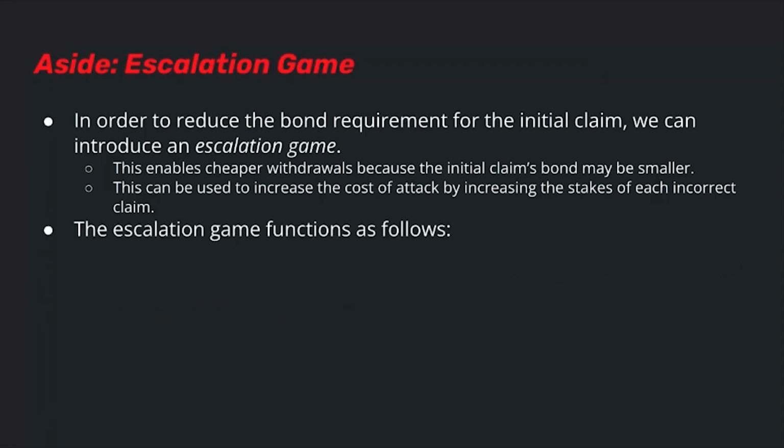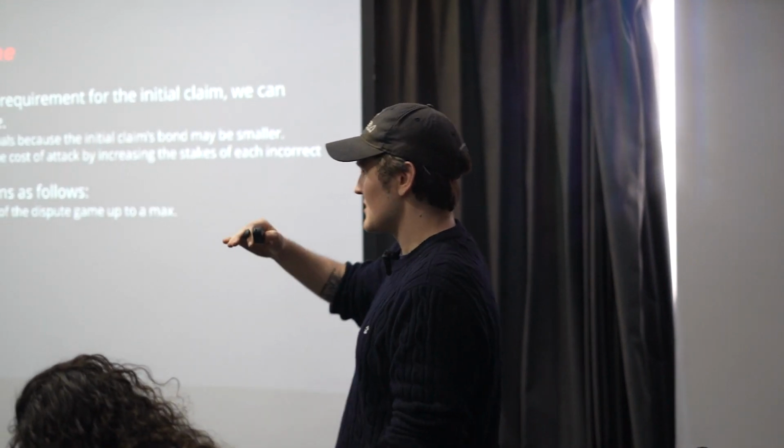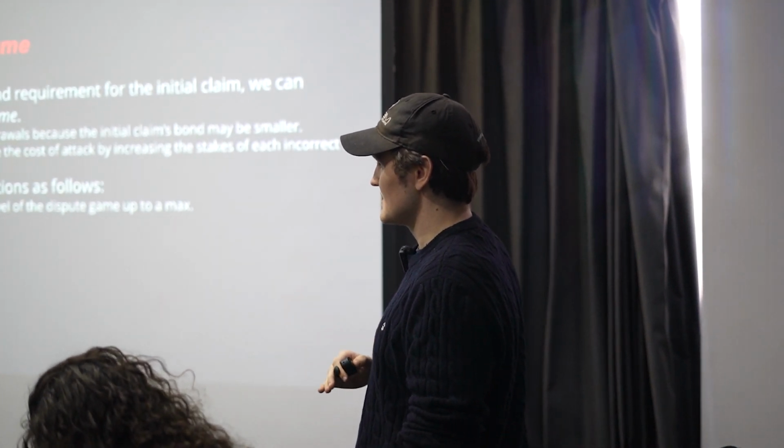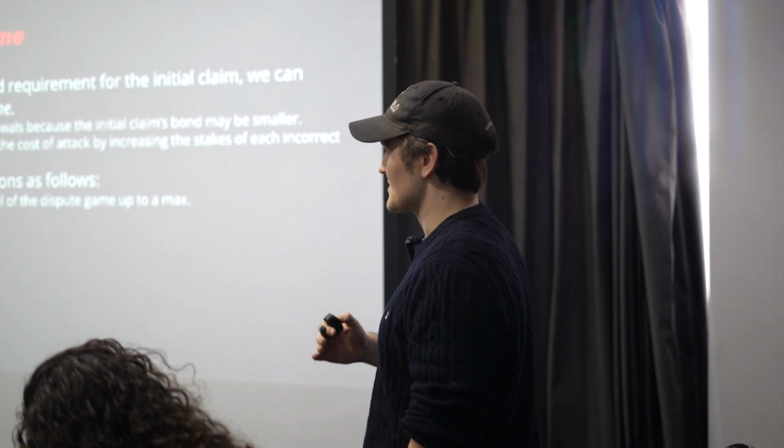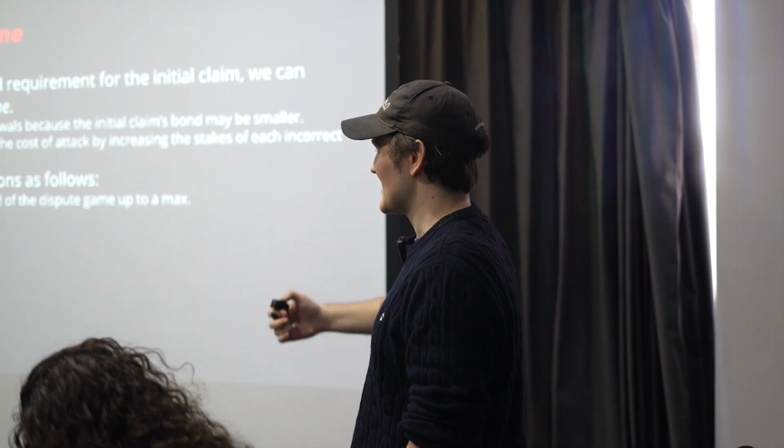So the escalation game functions as follows. There's also another version of it that's not on the slide, but we'll talk about that in a second. As you step down this tree, we can double the bond at each level of the dispute game up to a max. You don't want to allow that bond to just grow infinitely, because you can get to a point where somebody puts money down and it just can't be covered anymore.